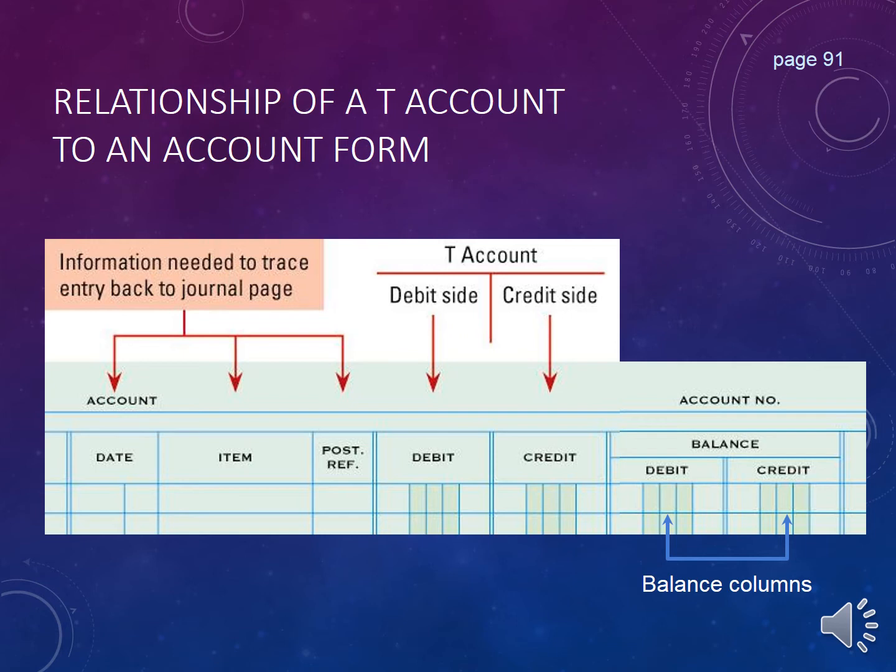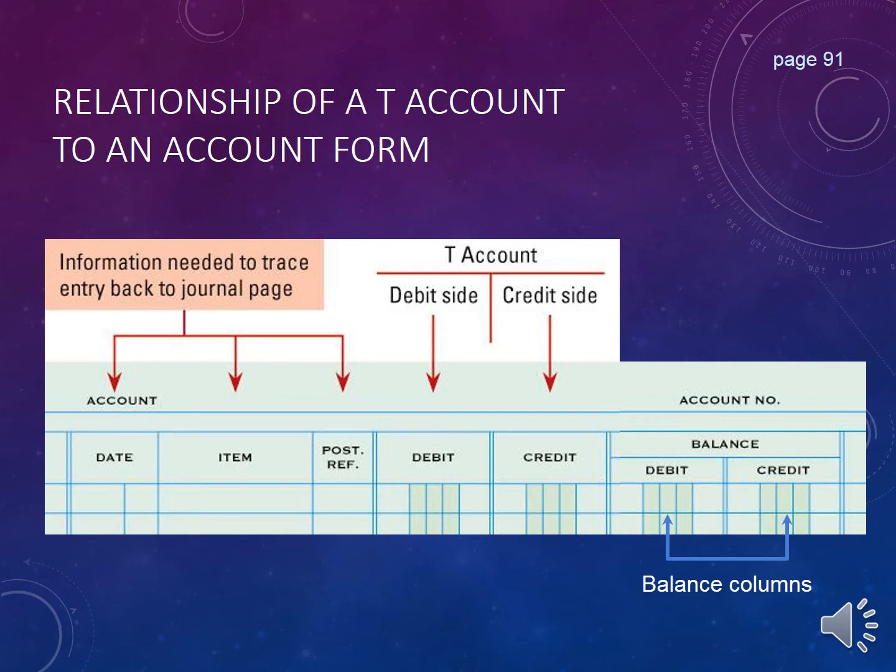So we have the account and the account number. And then if you look at the T account, the debit side matches up to the debit column in the ledger. The credit side matches up to the credit side of the ledger.